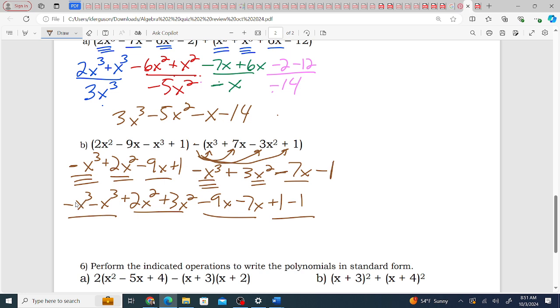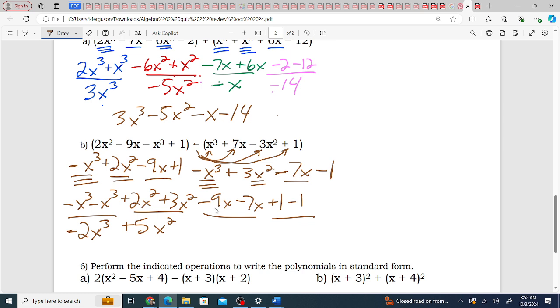So what's negative x to the third power minus x to the third power? If the signs are the same, it's an addition problem, and you keep the sign. 1 plus 1 is 2, but the sign's negative, so that's negative 2x to the third. Right here, I've got positive 2x squared plus 3x squared. That's 5x squared.